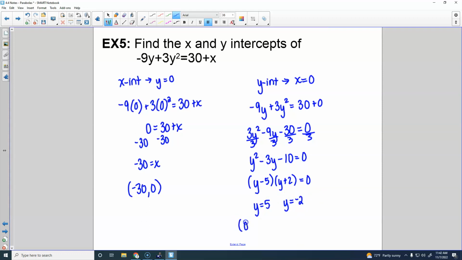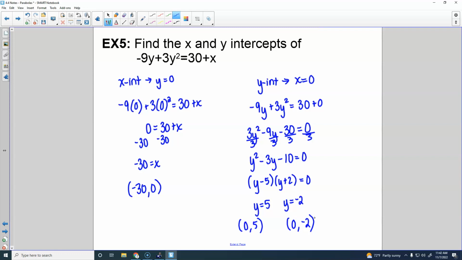And so that would be 0, 5, and 0, negative 2. And you will find with parabolas most of the time, if you have one x-intercept, you'll have 2 y-intercepts, right? Because this particular one opens left or right.